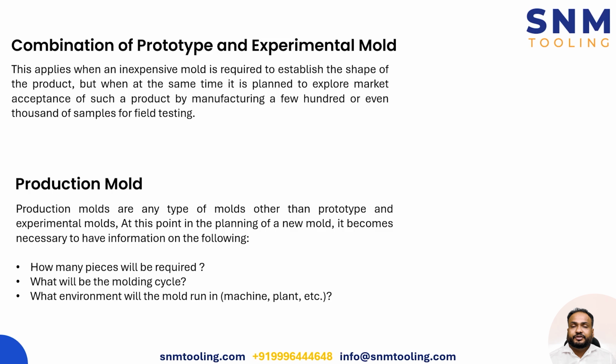Given the fact that if it's not accepted in the market, what are we going to do? We would have to cease the production, right? So why not manufacture a mold which delivers suboptimally, but at the same time we can get a few hundred or thousand samples out of it to check its market acceptance, as well as to establish the shape, right?